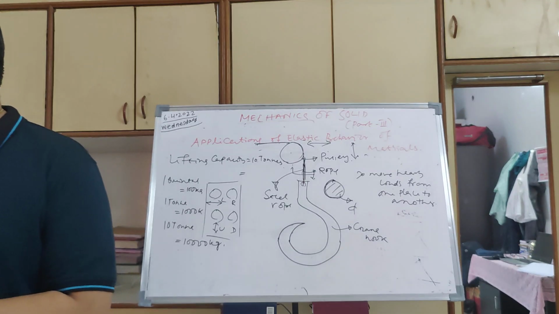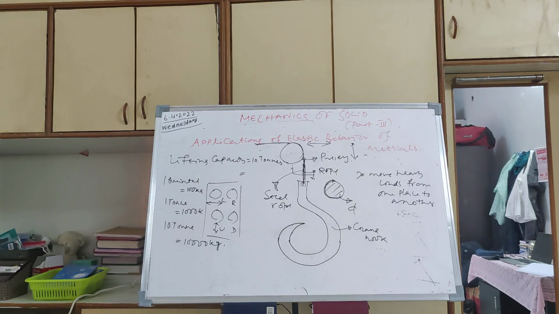Yield, then yield point, then ultimate tensile strength. So it should not cross the elastic limit. From table 9.1, we find that mild steel has a strength of about 300 into 10 to the 6 Newton per meter square.